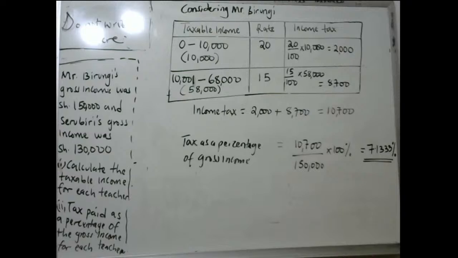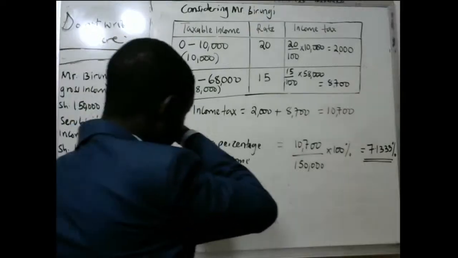Because they told us the first shilling is 10,000, that is the taxes. The answer is 7.13333. These are recurring.